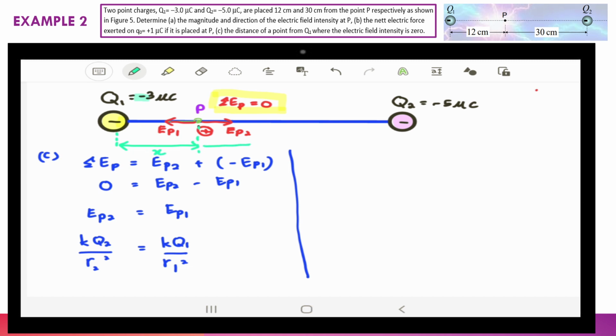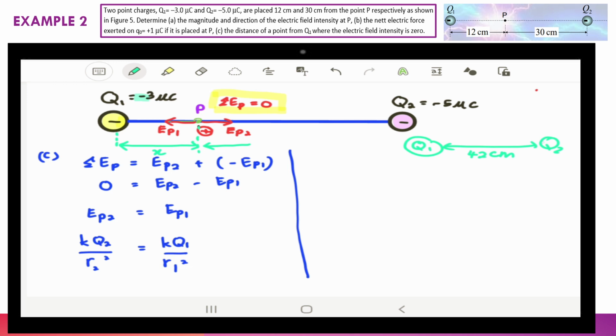For the other part, the distance from Q1 to Q2 is 12 centimeter plus 30 centimeter, which from the previous question we have 42 centimeter.